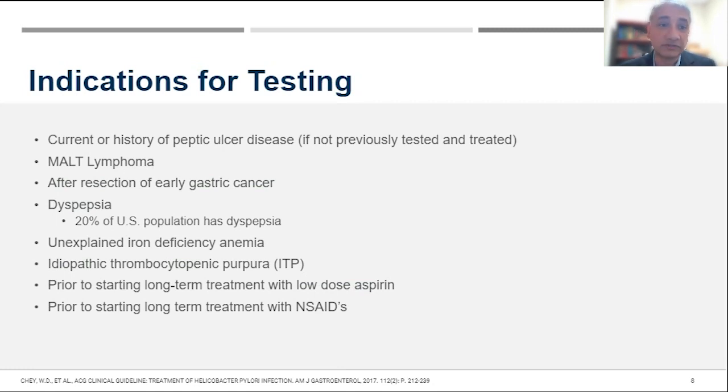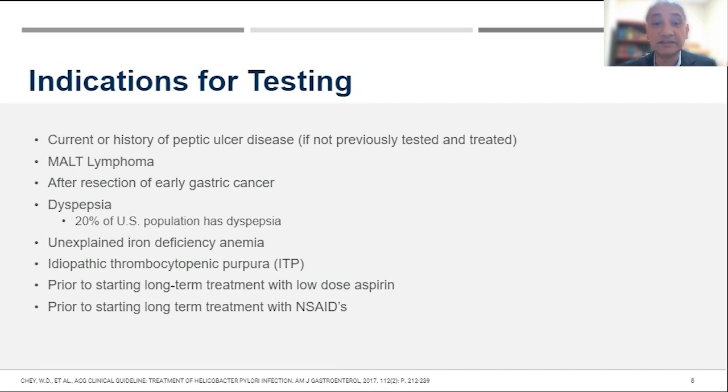For this reason, the American College of Gastroenterology guidelines and other guidelines, like the Maastricht guidelines from Europe, support looking for H. pylori in individuals who are about to start long-term treatment with low-dose aspirin. Similarly, individuals with rheumatologic conditions may require long-term use of medications like Advil, Motrin, Aleve, or ibuprofen, or the non-steroidal anti-inflammatory drugs.